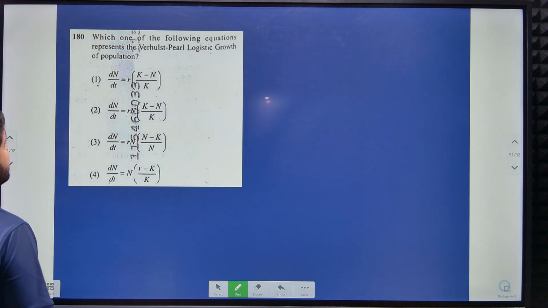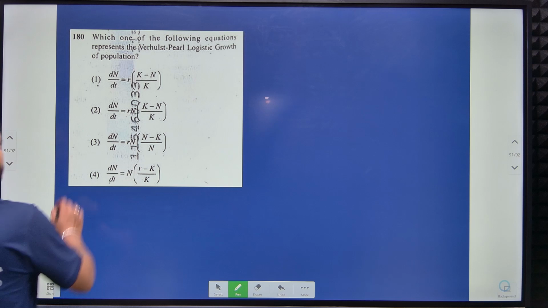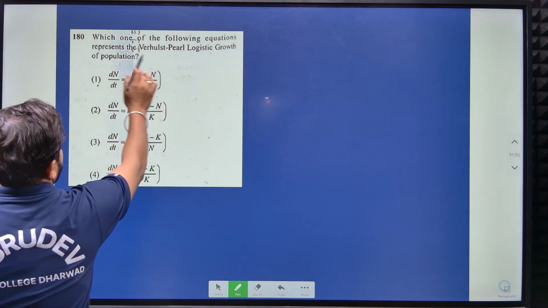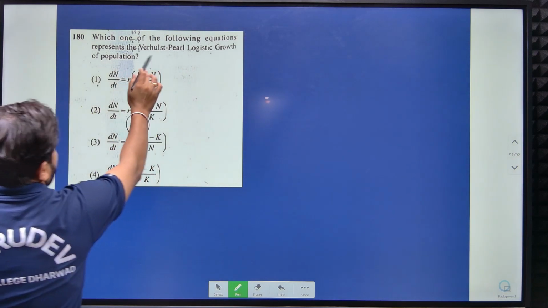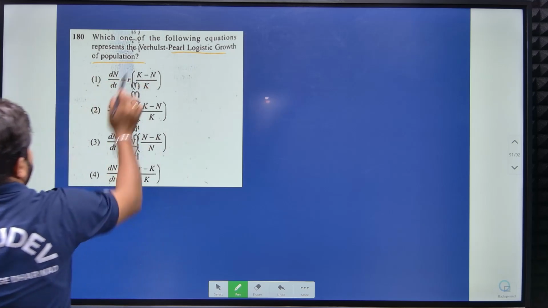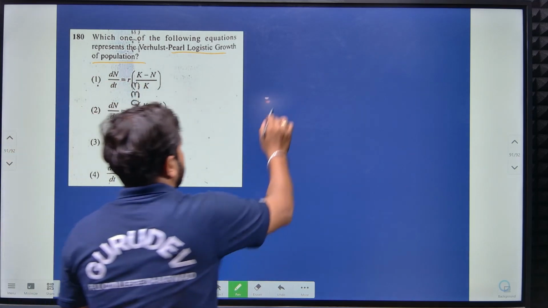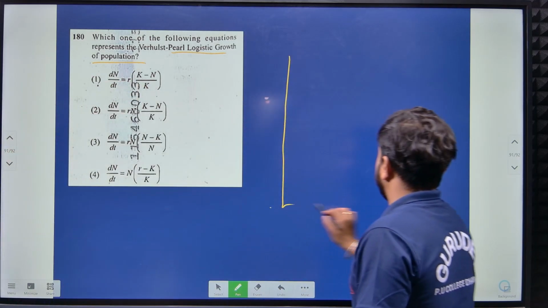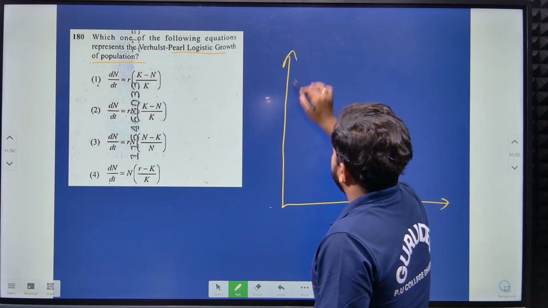Then moving on to the next: which of the following equations represents the Verhulst-Pearl logistic growth population? How is it represented graphically?